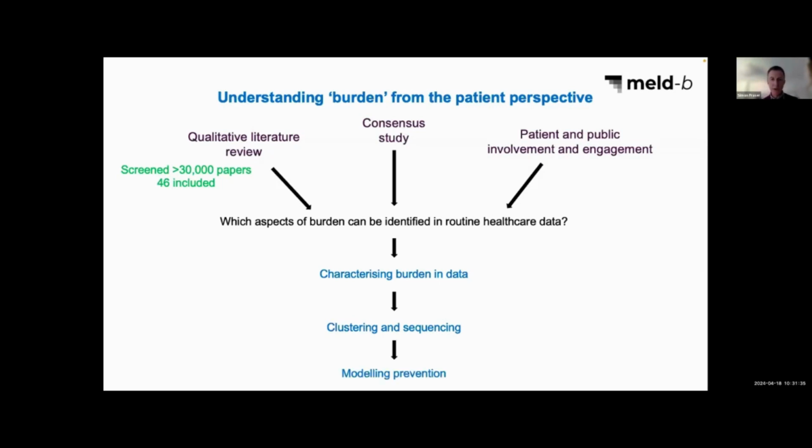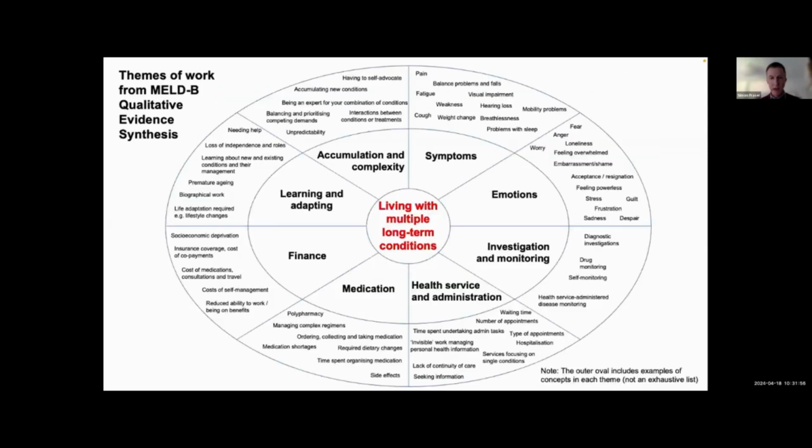The ultimate goal is to then be able to model prevention, both of the conditions, but also the burdensome state. So being able to look at what we could do early in the life course to prevent or reduce the risk of future burdensome multimorbidity development. So it's a big, ambitious project, and it's very complex.